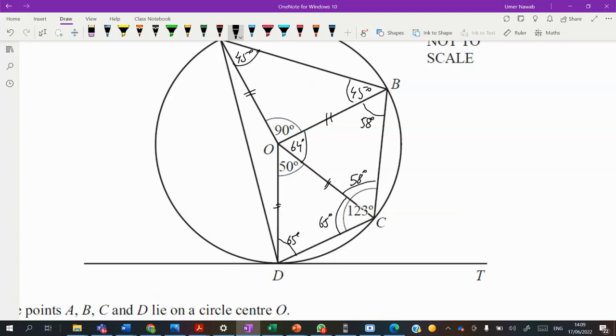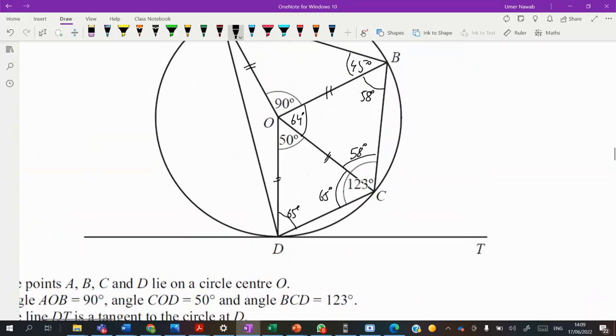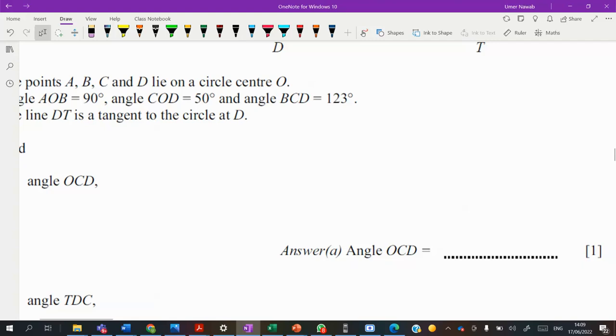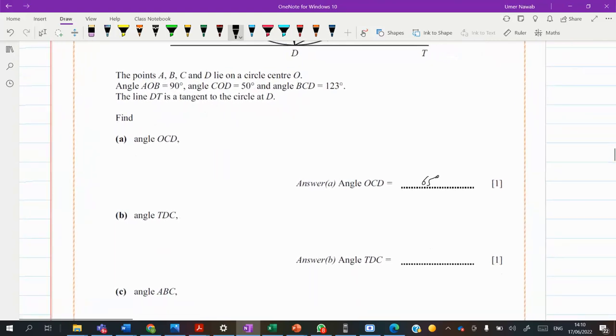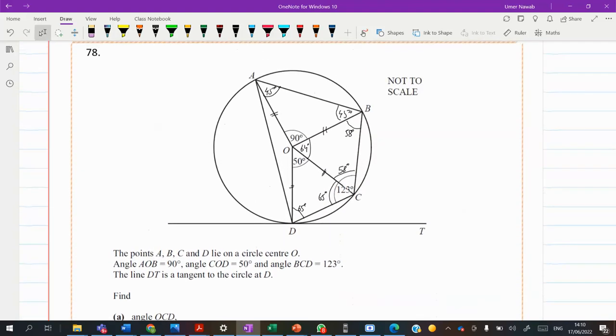What else is needed, guys? He said find OCD. OCD is 65. We found it. TDC is 25. Did we find it? This TDC is how much? It is 25. What's the reason? Because we have a radius and a tangent.